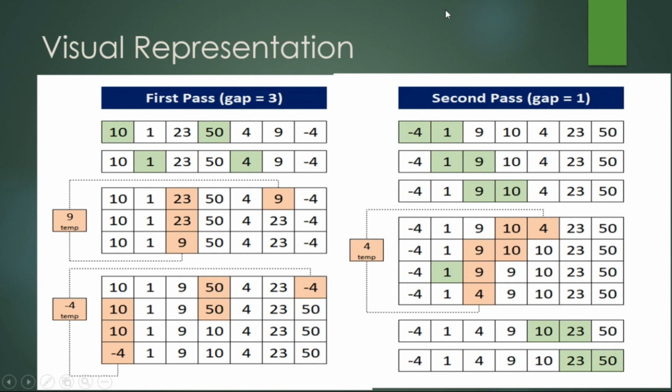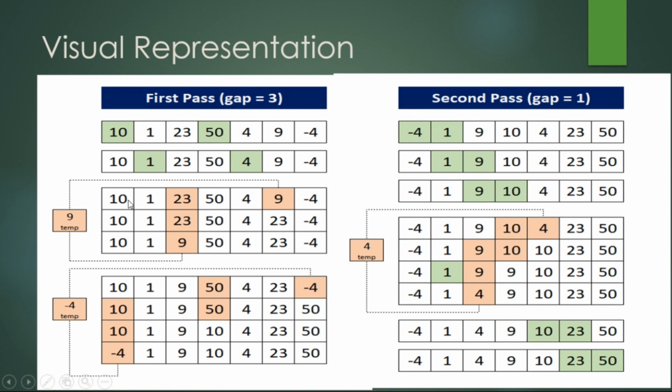First we calculate the gap, by adding the index of the first element and last element, that is 0 plus 6 divided by 2, which gives us 3, and then elements that are 3 places apart from each other are compared. In this case we can see that 10 is compared with 50, 1 with 4, 23 with 9, and minus 4 remains alone.